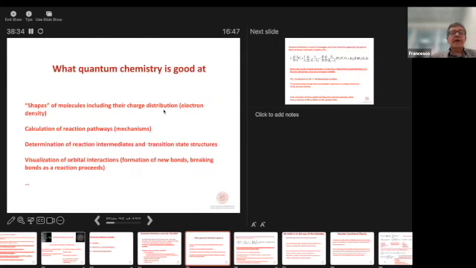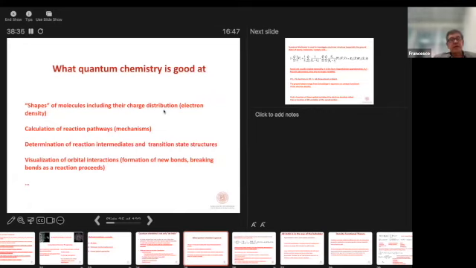What is quantum chemistry, this ab initio thing, good at? Well, it describes reasonably well the shapes of the molecules, that is, the bond lengths and the bond angles, and the electron density. It can be used to calculate reaction pathways, that is, reaction mechanisms.